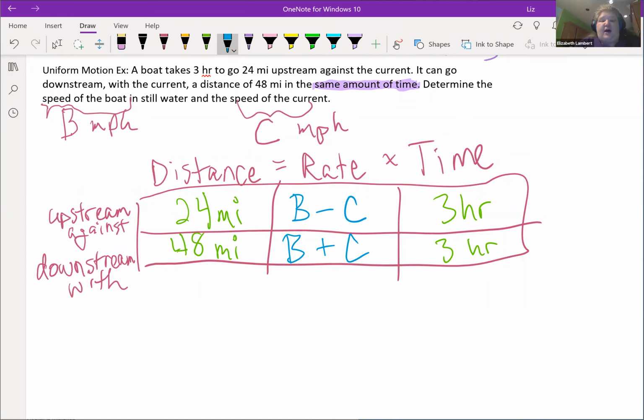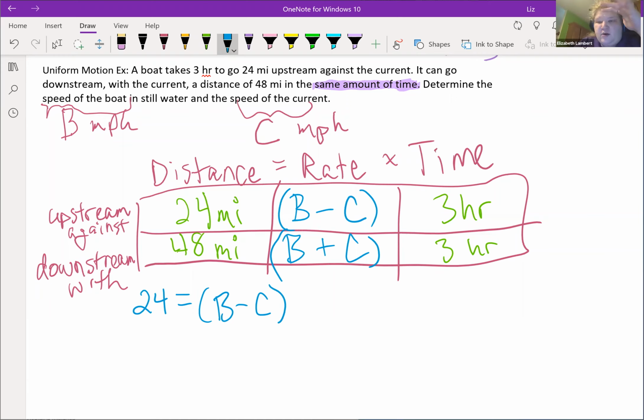All right, and now I'm going to follow my formula, distance equals rate times time. So I have 24 equals, now the B minus C and B plus C need to be in parentheses. Technically, everything in the columns we could put parentheses around, but usually it's just a variable or a number.